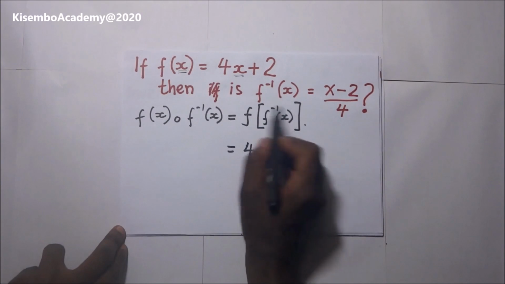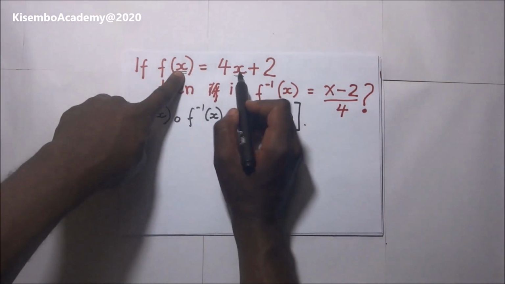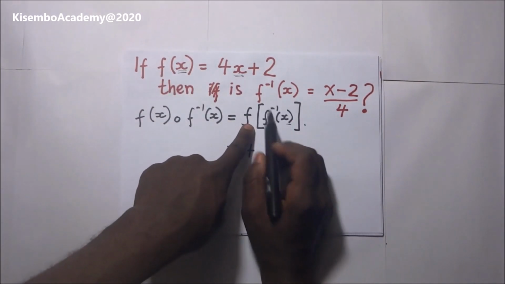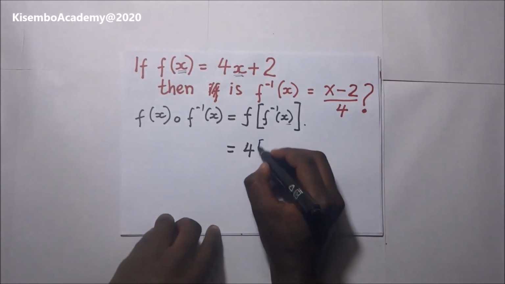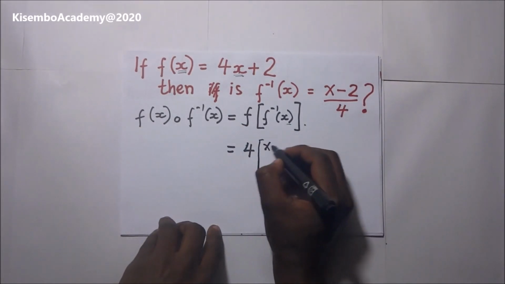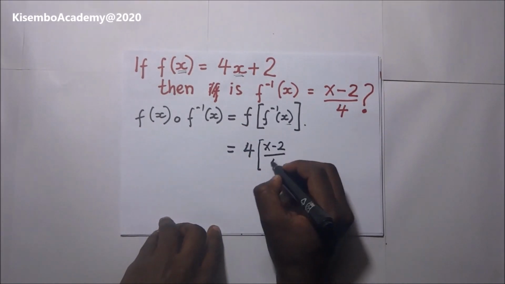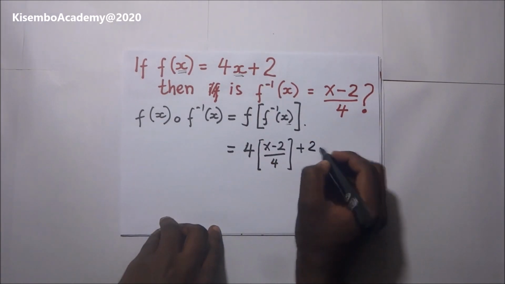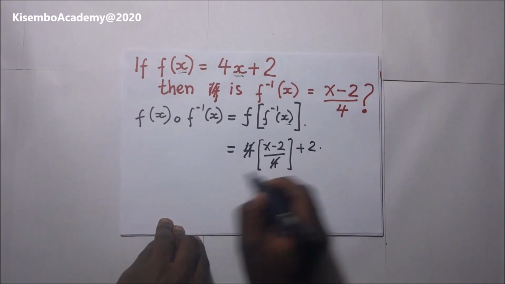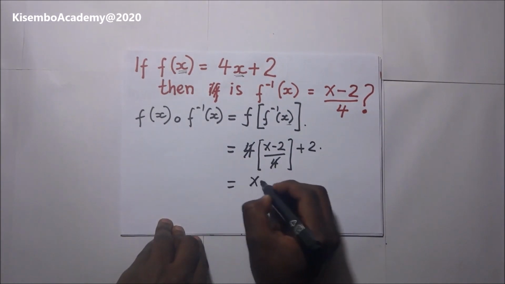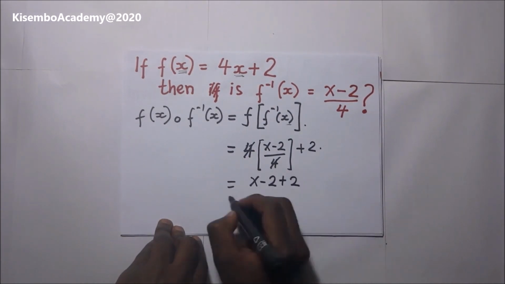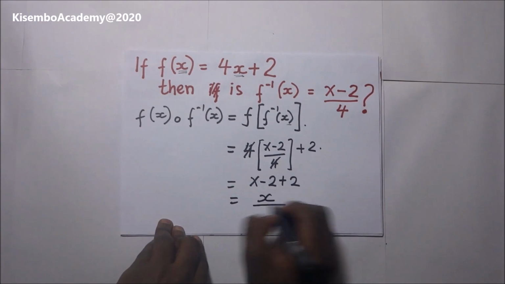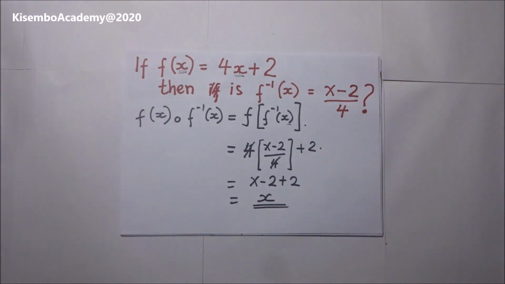That gives 4 times x minus 2, divided by 4, plus 2. The 4 cancels out with that 4, and we remain with x minus 2 plus 2, and we end up with x. So that's the first bit.